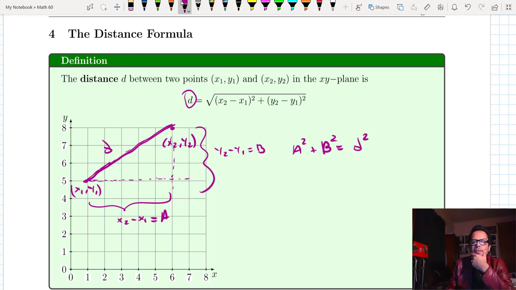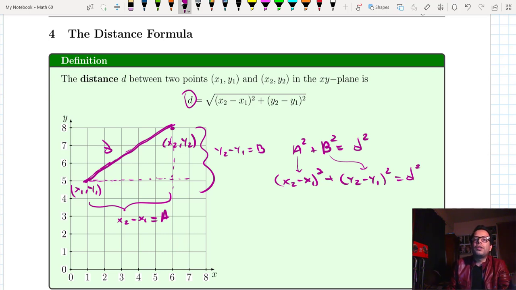That is a squared plus b squared equals c squared. In this case it is d squared. For a squared, this is x2 minus x1 quantity squared, plus y2 minus y1, which is b squared, equals d squared.